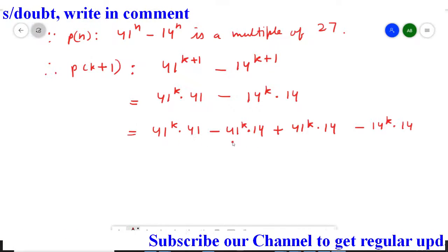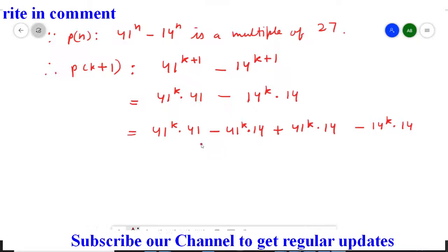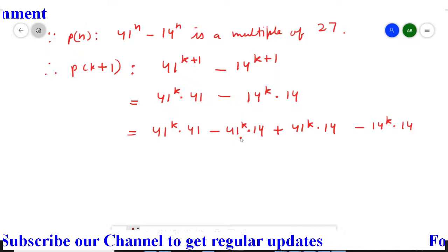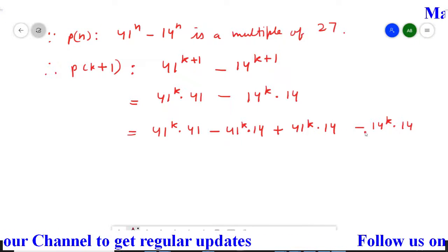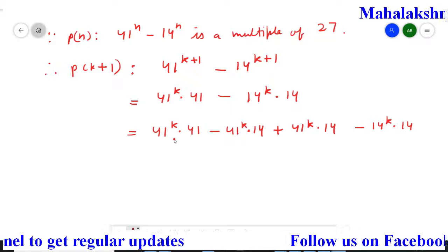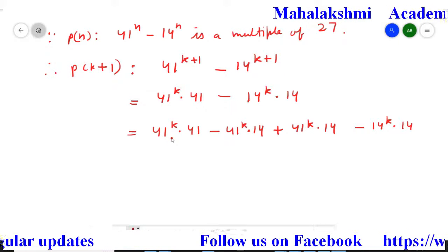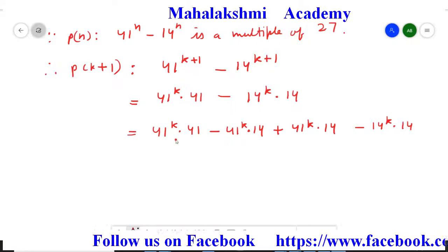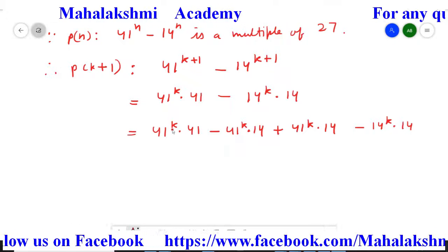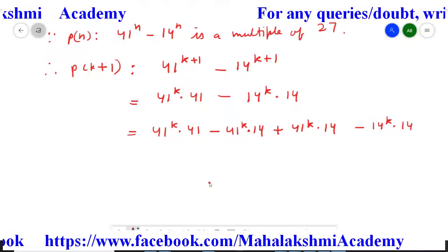Now this is going to be our first pair. From here, whatever we can take common, we have to take common, and this is going to be our second pair. So from here you can see what is common: 41 raised to power k is common, so we take 41 raised to power k as common.